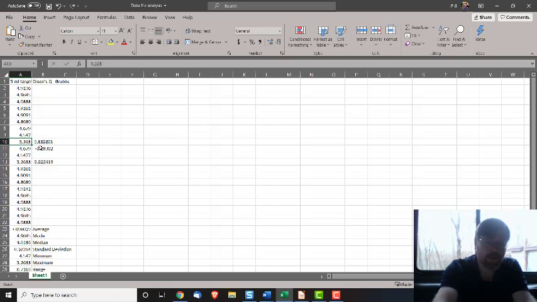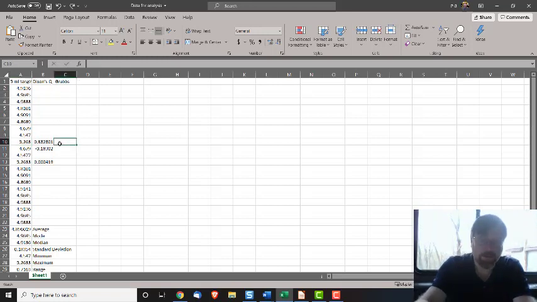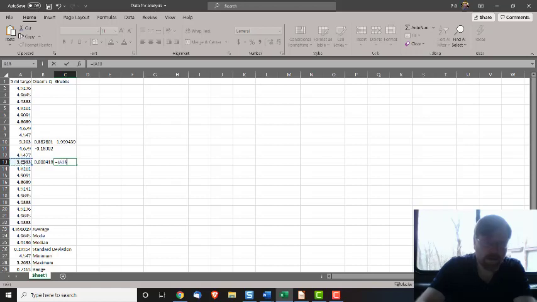So you can see one of the problems with Dixon's Q is that if I've got multiple outliers in the same direction, that kind of throws that off. Grubbs gets around that by subtracting the mean, over the standard deviation.